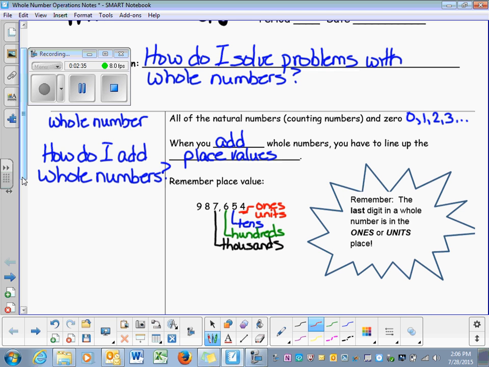The 8 is in the 10,000s. And this 9 is in the 100,000s. The next place value would be the millions. Okay, and we would keep going from there.